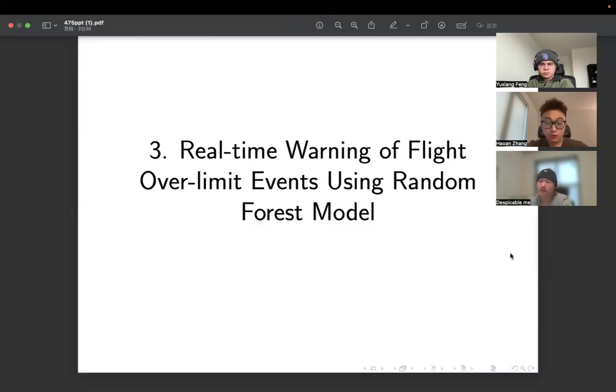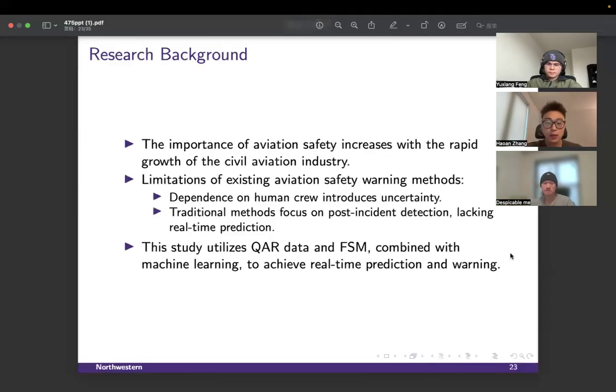And now we move to the third section, and we focus on the real-time warning for flight over-limit events using the random forest model. As we know, the rapid growth of the civil aviation industry has brought new challenges to flight safety.